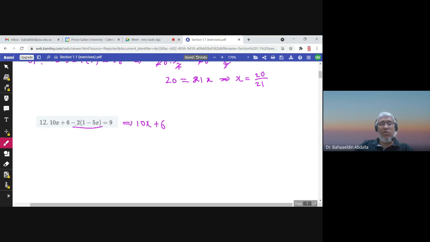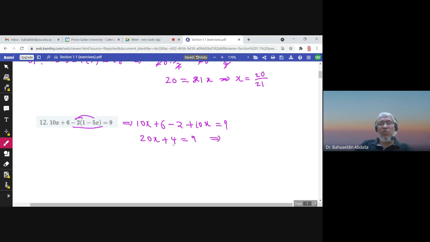So we distribute: negative 2 times 1 is negative 2, and negative 2 times negative 5x is positive 10x equals 9.